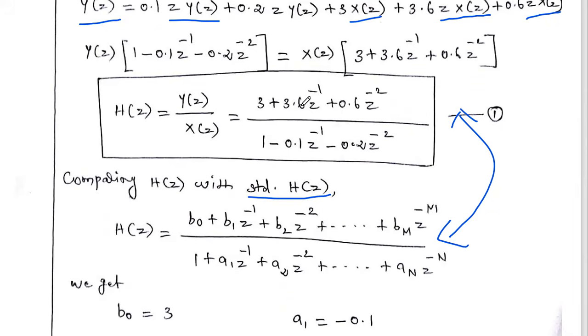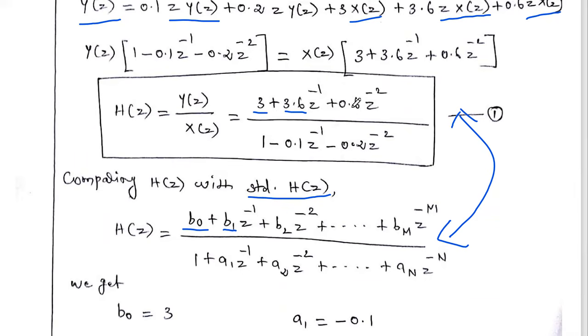So you just compare it. In the numerator, the first one is a constant. This constant is nothing but B naught. Comparing these two equations, we get the B naught coefficient is 3. Then compare the Z inverse coefficient in the numerator: it is 3.6, so the value of B1 is 3.6.